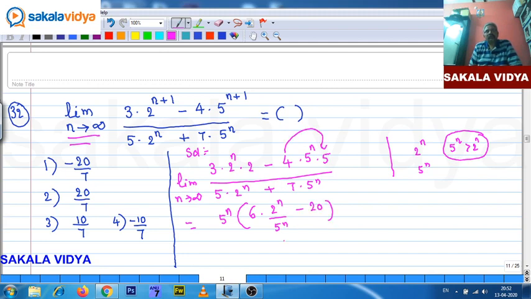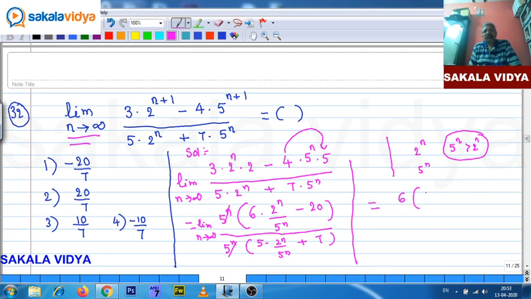The 5 power n has already been taken common out. In a similar pattern, taking out 5 power n common, we have 5 into 2 power n by 5 power n plus 7. Now the 5 power n gets cancelled. We can write 6 into (2 by 5) to the power of n, minus 20, upon 5 times (2 by 5) to the power of n plus 7.